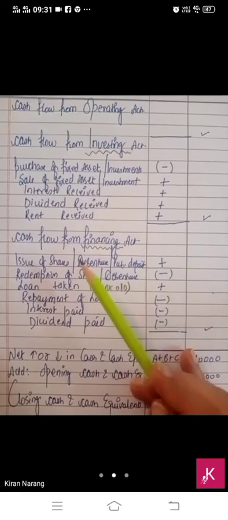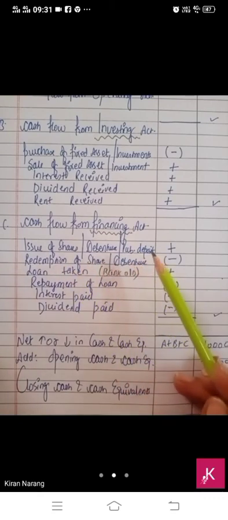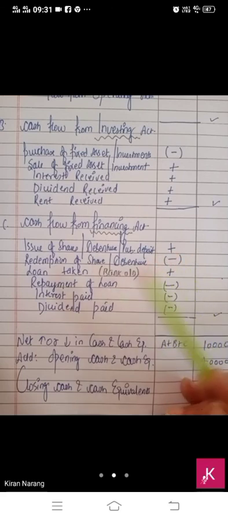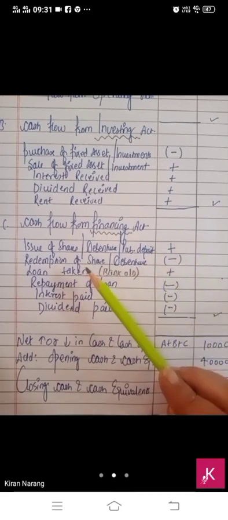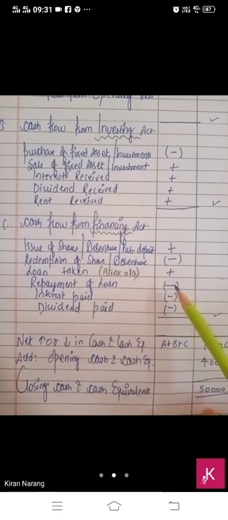Then C, cash flow from financing activity: issue of shares and debentures, public deposit and bonds will be added, because we have issued and received money in exchange. Redemption of debentures and shares will be subtracted. Loan taken, including bank overdraft, will be added. Repayment of loan will be subtracted.